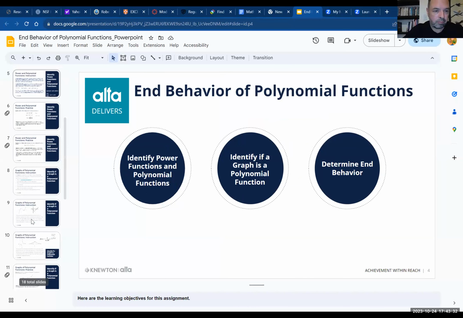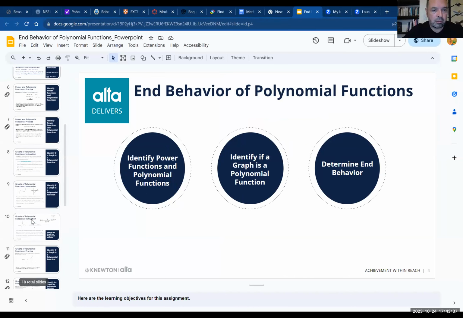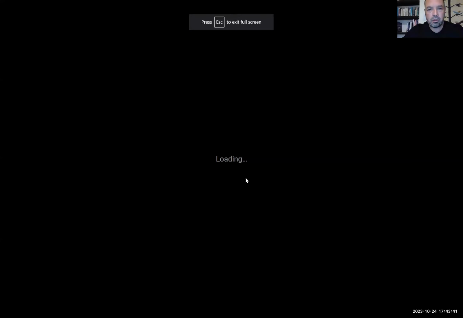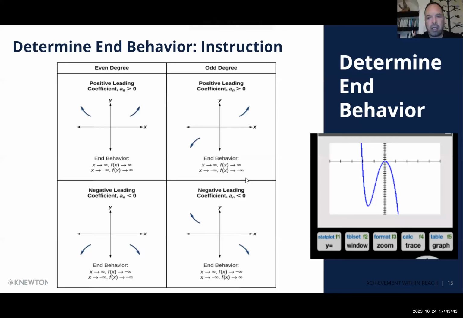Let me take a look at some things that are important when we're looking at a polynomial. Polynomials look like this.